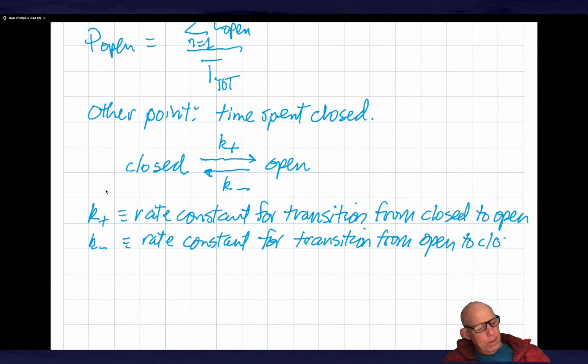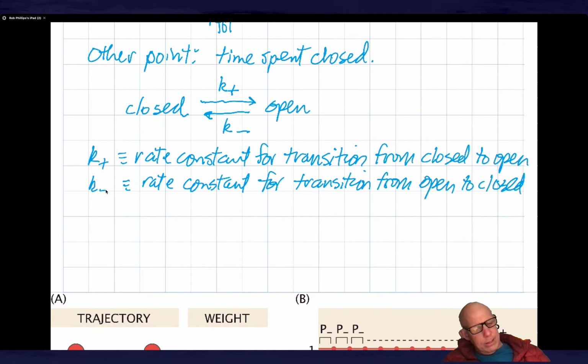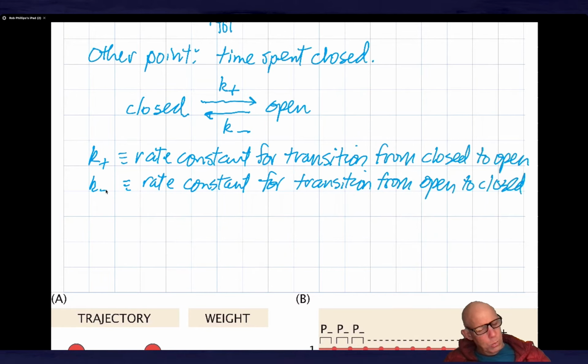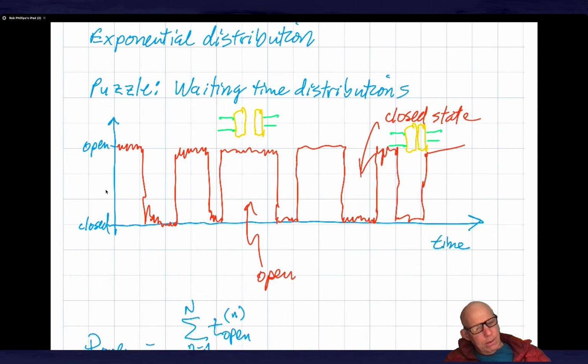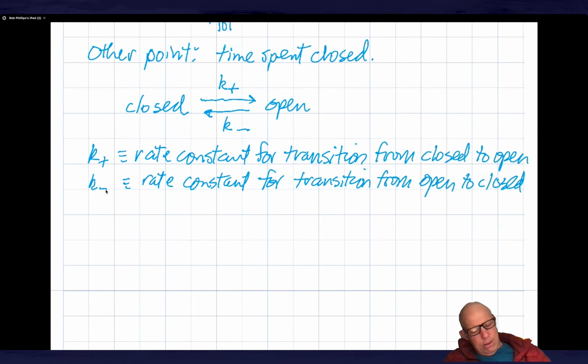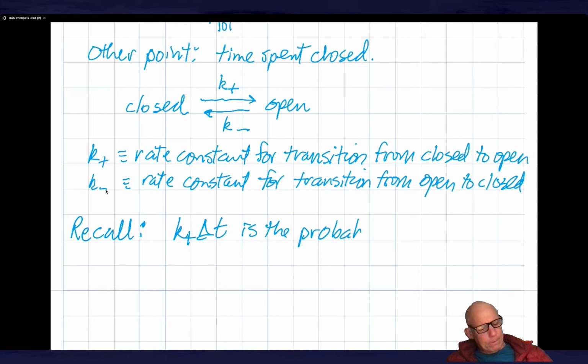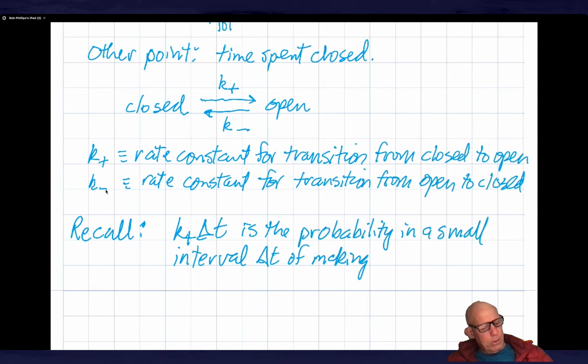Now, you might remember that earlier in the term, I suggested this new way of thinking about the nature of these rate constants. So I'm going to ask you to recall that k plus delta t is the probability in a small time interval delta t of making the transition from closed to open.